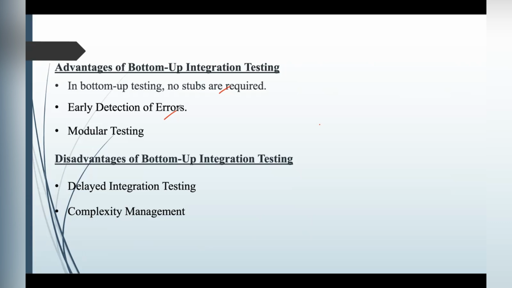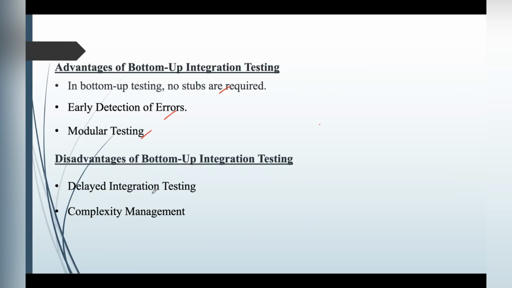So it potentially simplifies the integration of higher level components. And it even provides modular testing facility. So here, this approach allows for more focused testing on individual components. Thus, it ensures that each component functions correctly before being integrated.